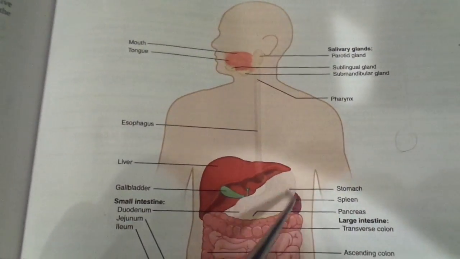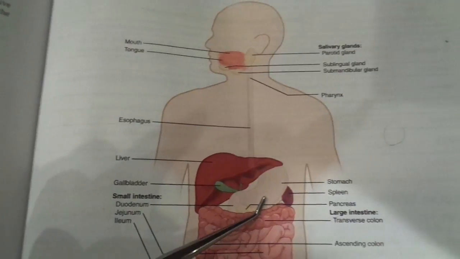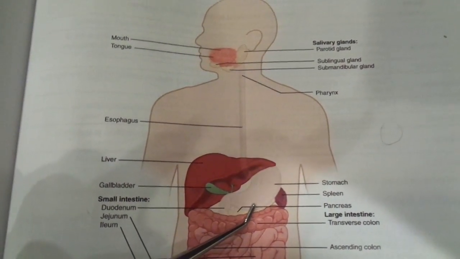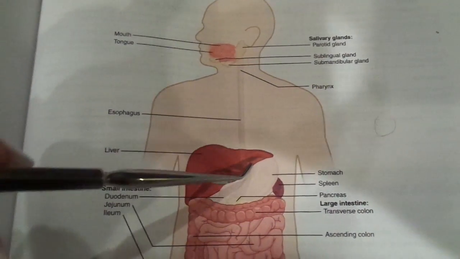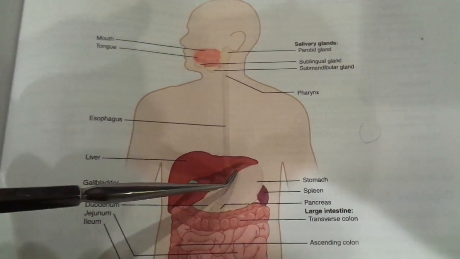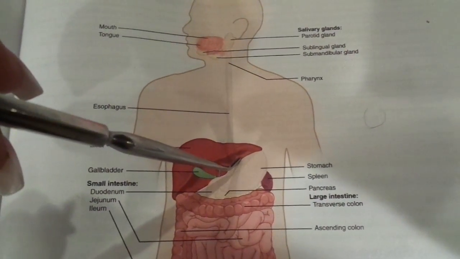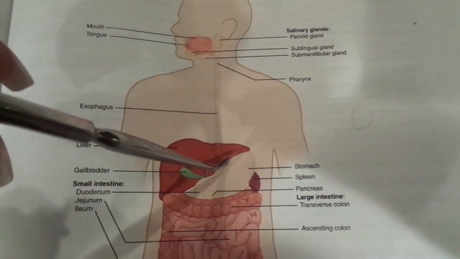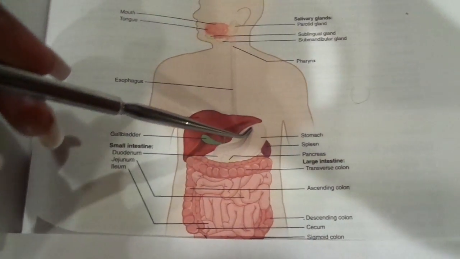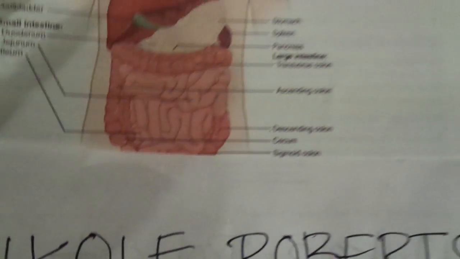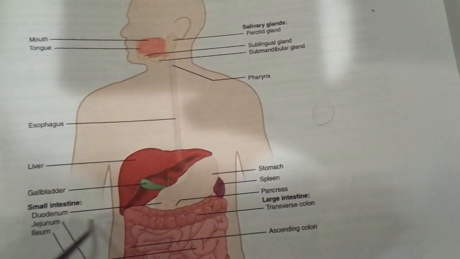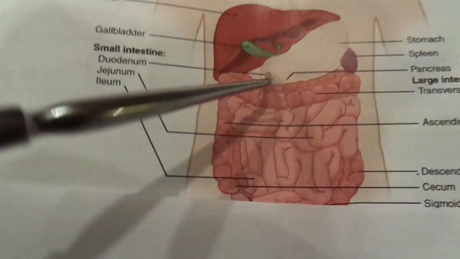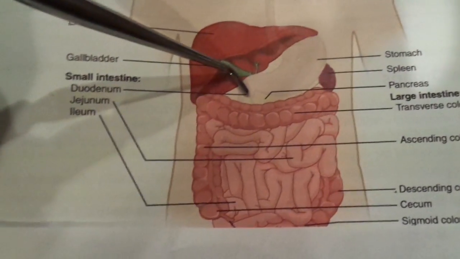In the stomach, my hamburger would be mixed and churned with gastric juices to form something called chyme. It also starts the chemical breakdown of the proteins, and it releases food into the duodenum as chyme. The duodenum is the main entrance into the small intestine, and this would be the duodenum.